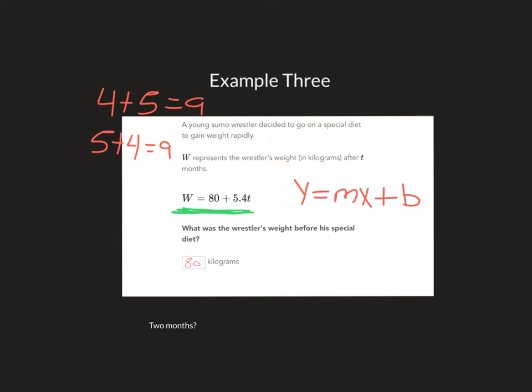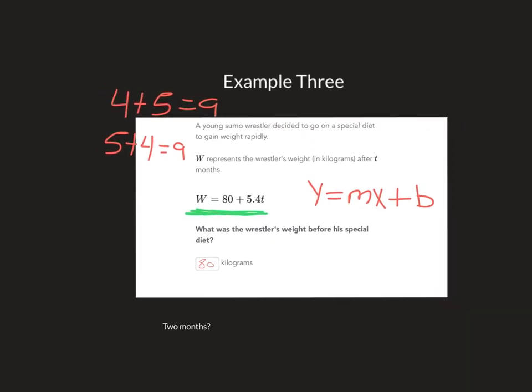After 2 months. So, what we need to do is plug that in. We know that T represents months, right? So if we want to know what it is after 2 months, we're going to have to plug in 2 for T and do a little math.